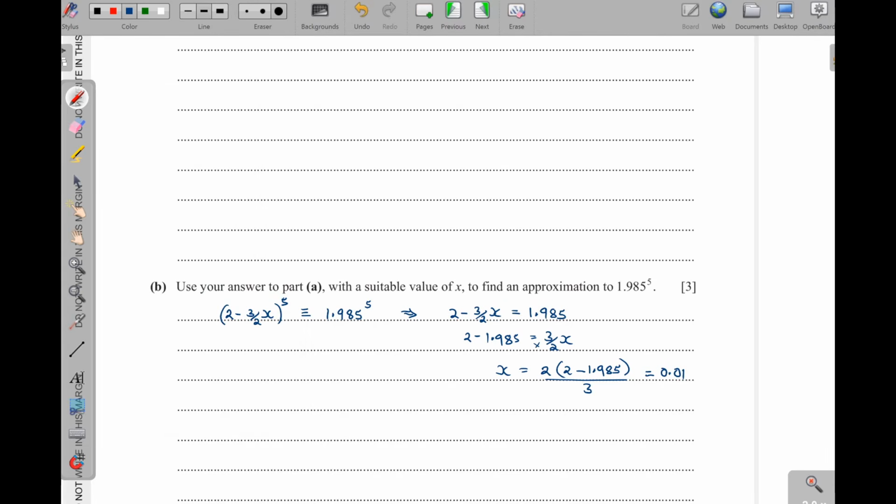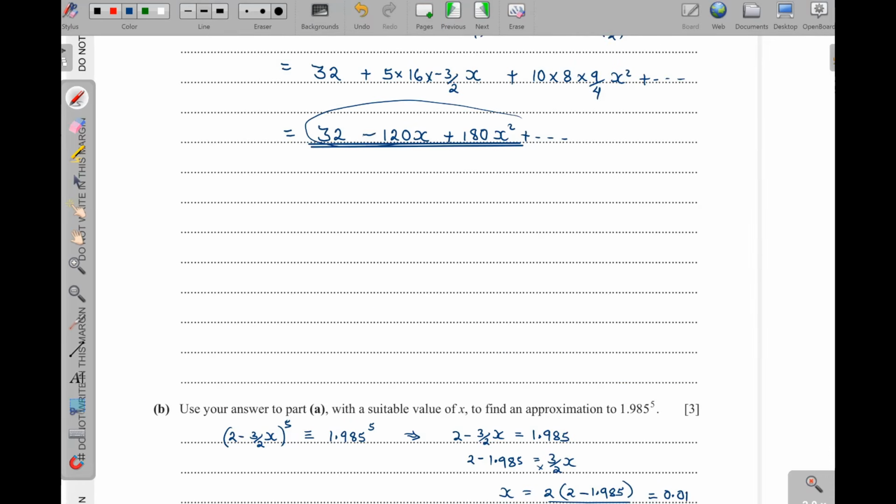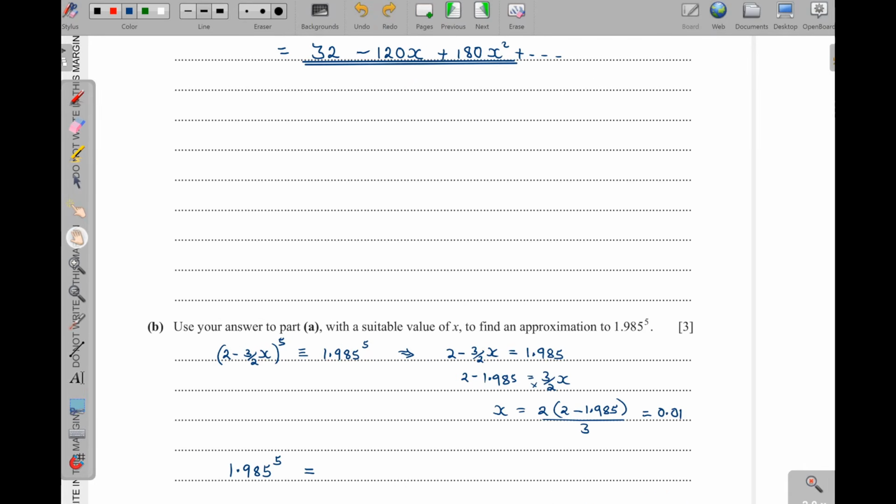0.01. And now when we come to 1.985 to the power of 5, then this one will be equal to, now I just come to this one here, wherever there is x, I put a what? A 0.01. Okay, so we shall have 32, then plus, it's actually minus 120, now times 0.01, then plus 180, and then 0.01 squared.